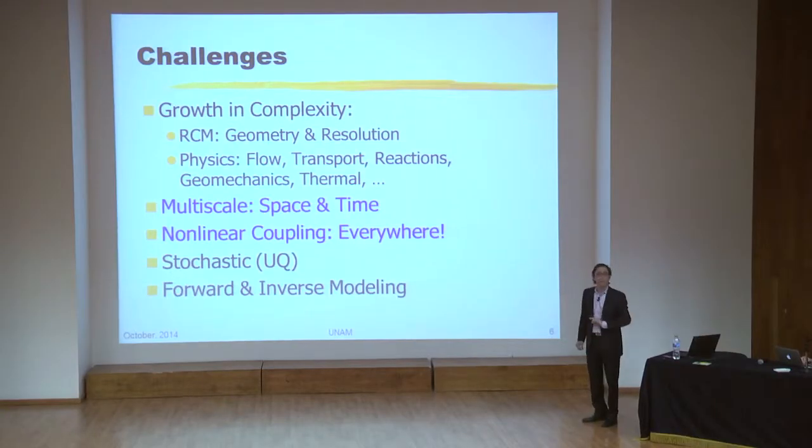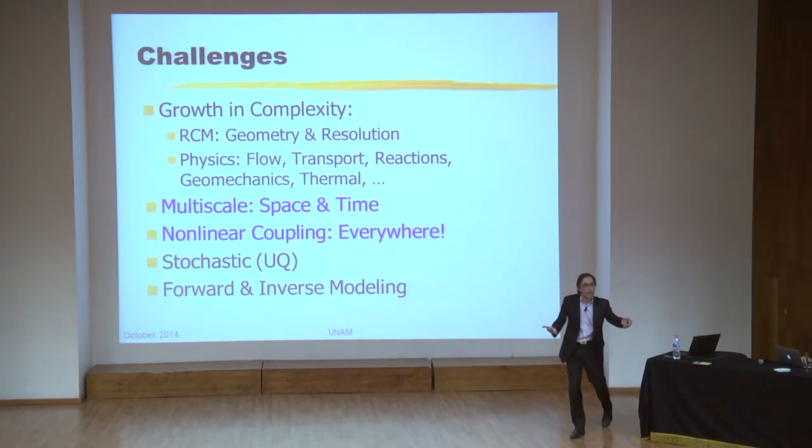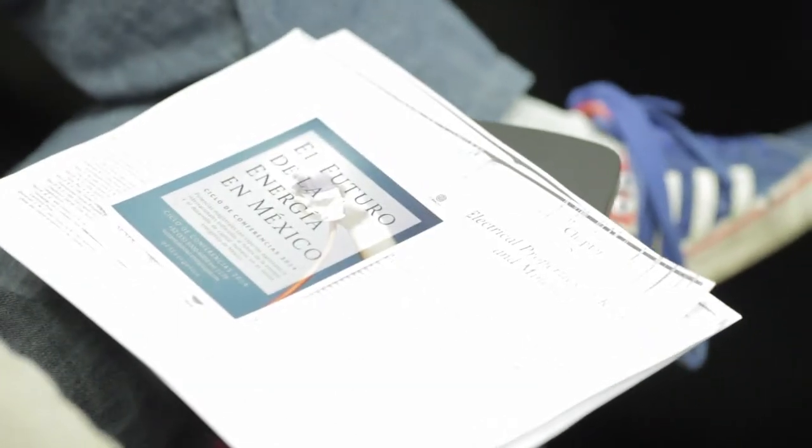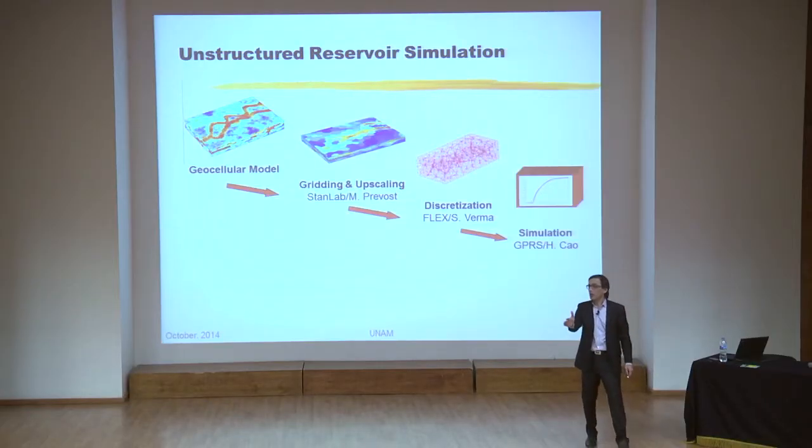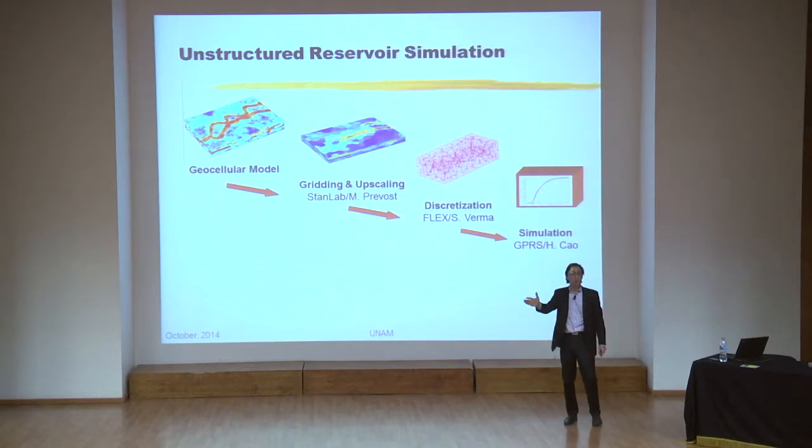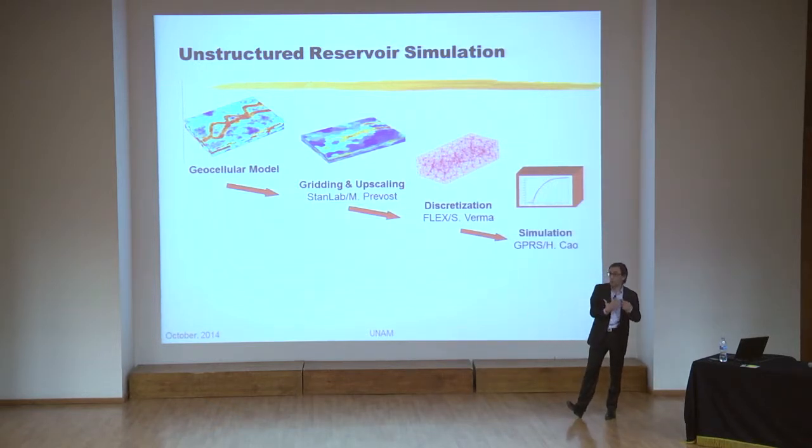On this list, I can see 50 PhDs, right? In my group and in many other groups on the planet, there's been tens of PhDs on this subject, right? But we only scratch the surface. Unstructured reservoir simulation is not today still commercial practice, unfortunately, in my opinion.